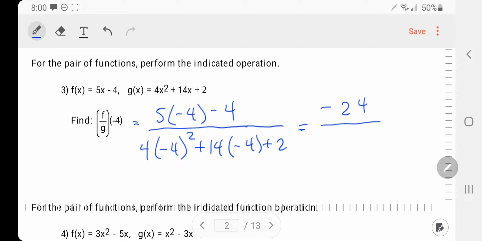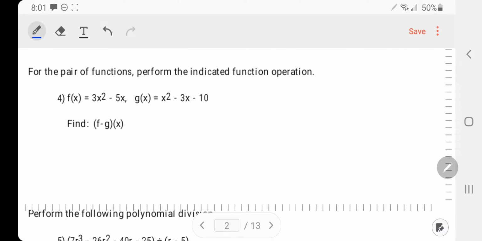Gives me 10. And then we just need to reduce that to lowest terms. So 24 divided by 10 in lowest terms is a -12/5. And go ahead and leave that improper. That's the way I like it.